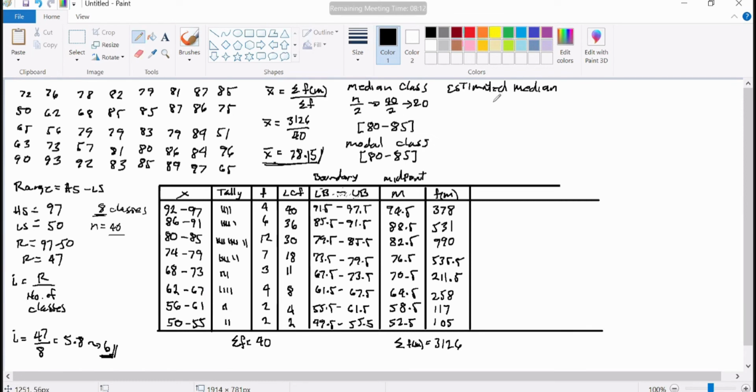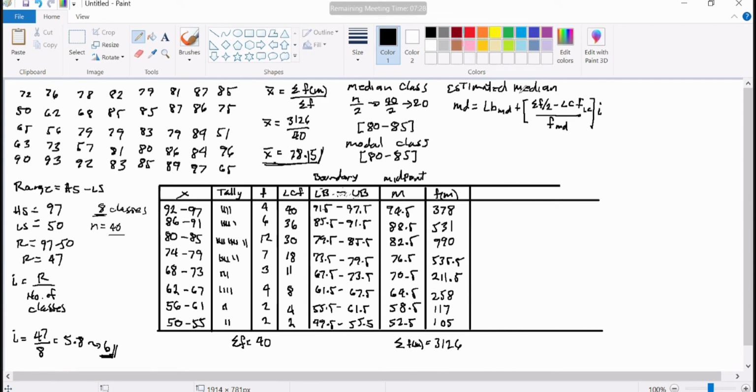So for estimated median, we have the formula: median, MD, is equal to lower boundary of the median class plus summation of f over 2 minus less than cumulative frequency of the lower class, divided by frequency of the median class, times i.